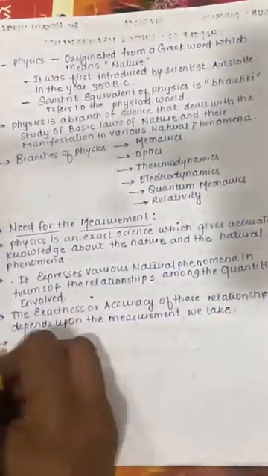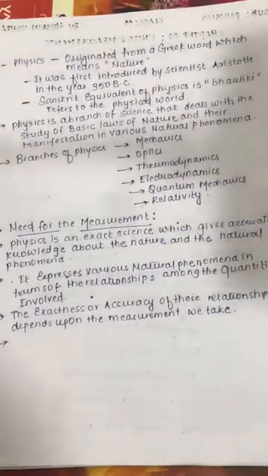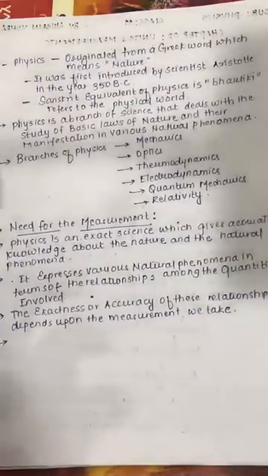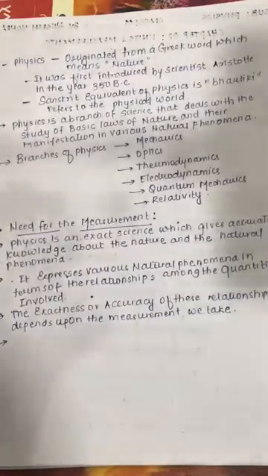Now, these measurements in turn depend upon what? The accuracy of the instrument, right or not? What you are taking measurement of depends on what? The instrument that you are using for taking that measurement.